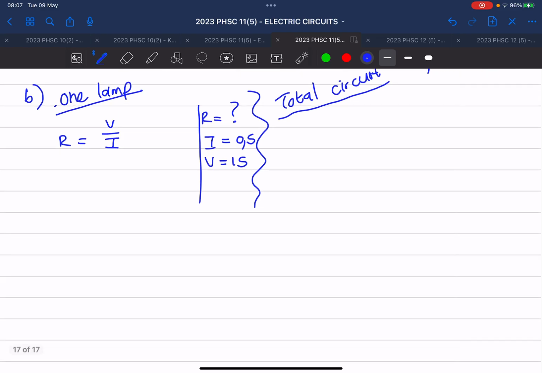So in your Ohm's law formula, you have R is V over I. You fill in V is 15, the current is 0.5, and then you get the resistance to be 30 ohms.